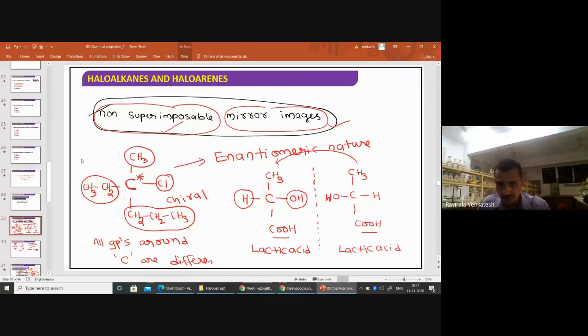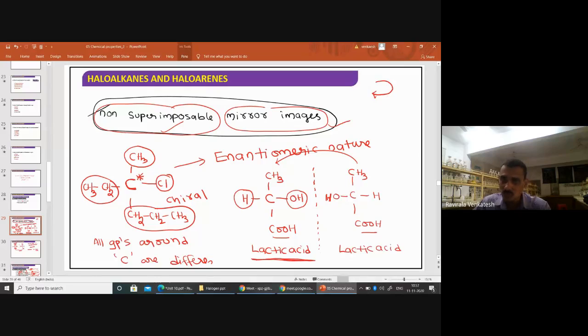Now if you place this one in plane polarized light, that means monochromatic light, the light which is having one direction, in that case the light will move in the form of clockwise like this.